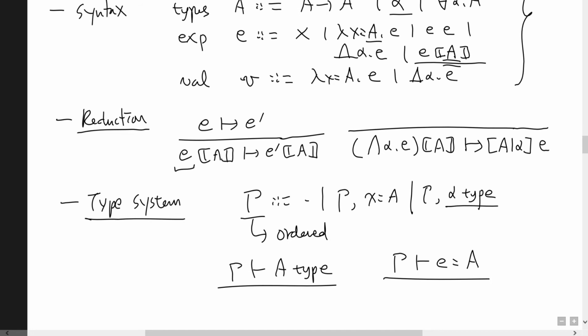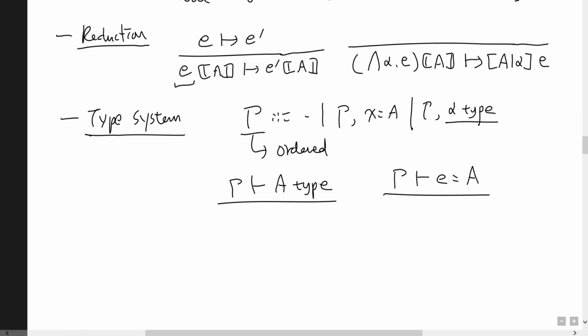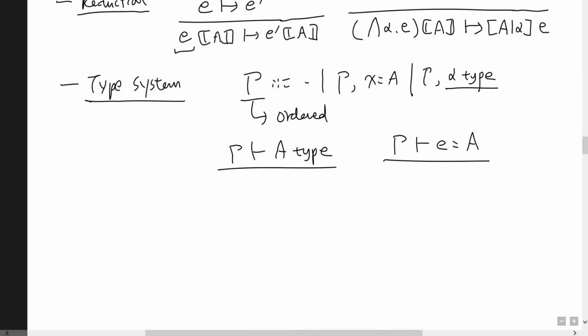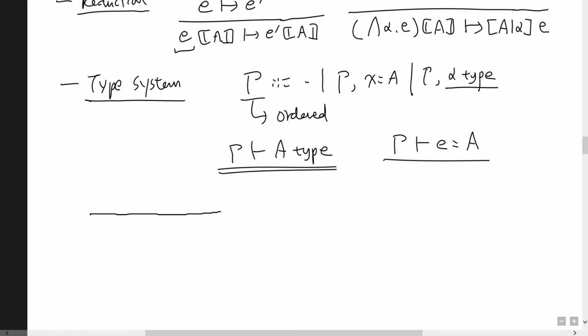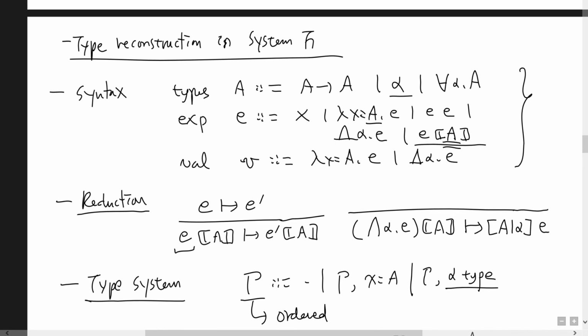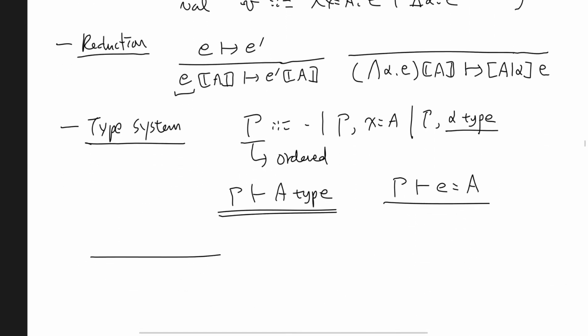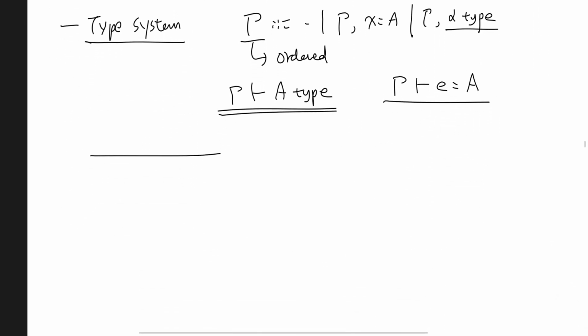Now let's look at the inference rules for first this type judgment. We have only three forms of types, so perhaps we will have three inference rules for this type judgment. The first is, when can we deduce A arrow B is a valid type?